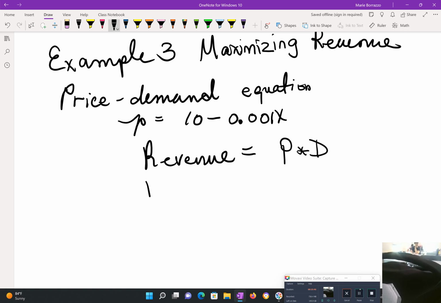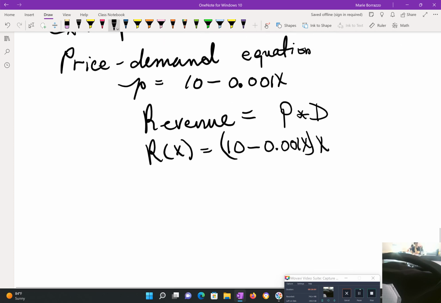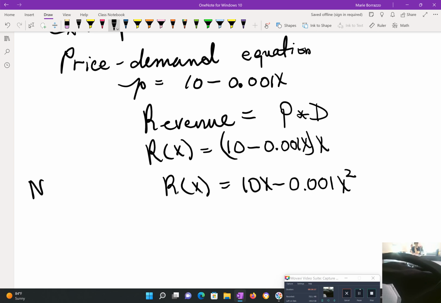And we know that in this case, the R of X is equal to 10 minus 0.001x, all of that times the demand, which is X. So that gives you a new function here where the revenue function is equal to 10x minus 0.001x squared. Again, with the concept of non-negative.